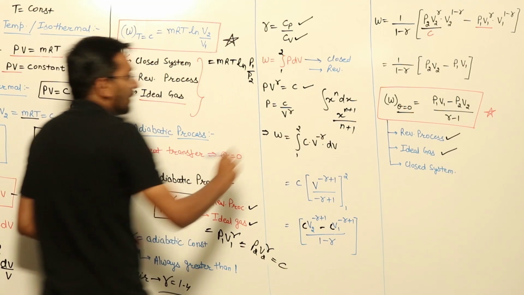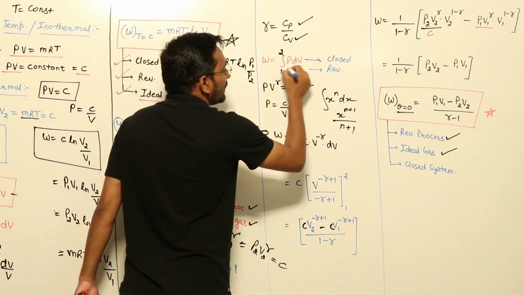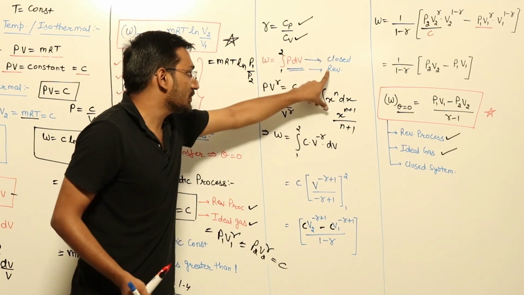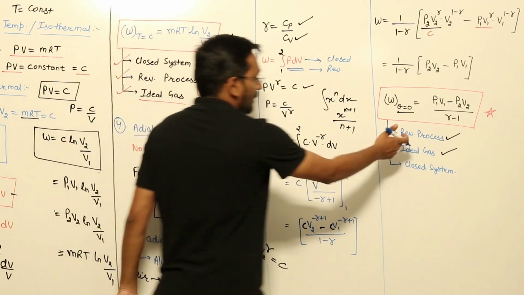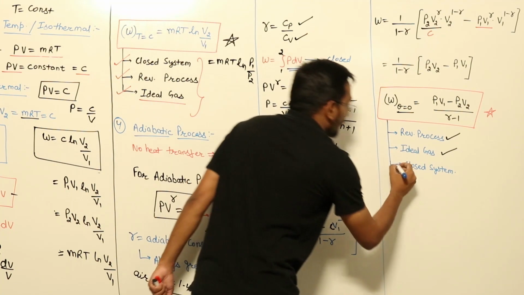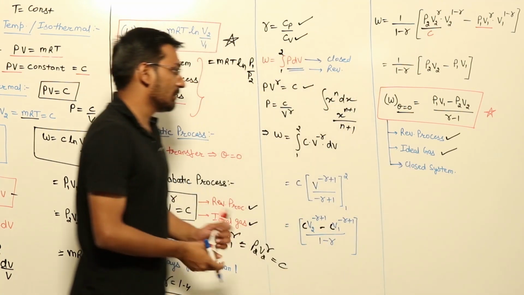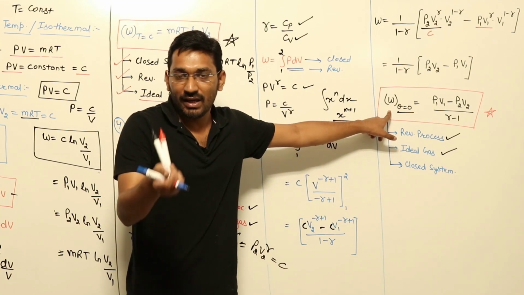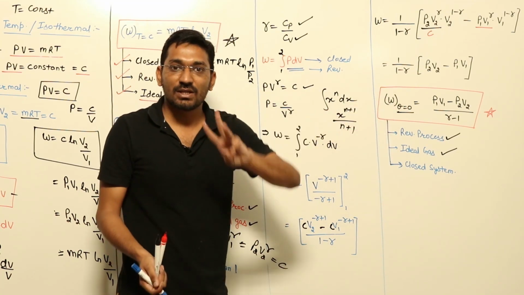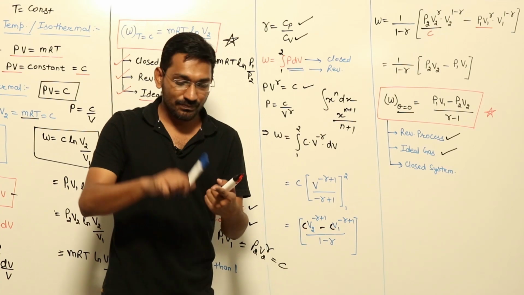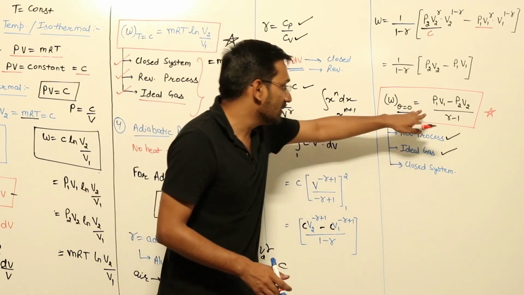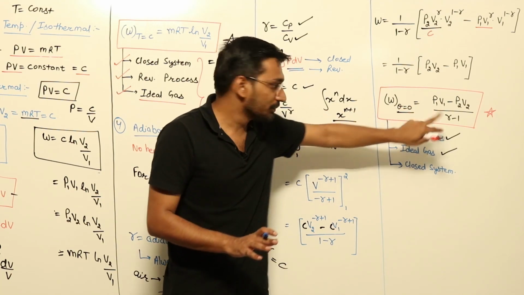And next we used this formula. For this, two assumptions are there, closed system and reversible. Reversible we already taken, so the system must be a closed system. So using this formula as a work transfer in an adiabatic process, three assumptions we are taking: ideal gas, reversible process and closed system. So only in that case this formula will hold good.